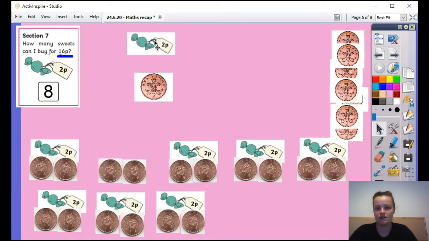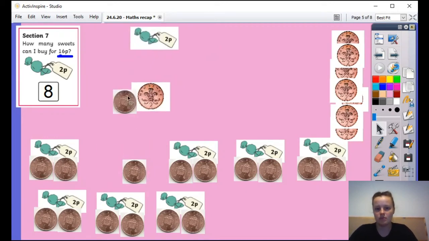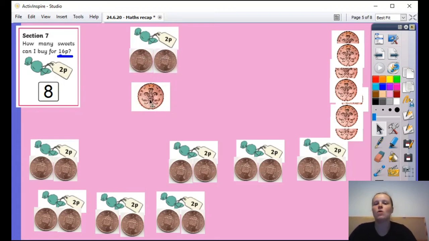Like this, if I bring the sweet up and bring those coins up, 2 pennies are the same as that 2p coin. So how many 2p coins do you think it would have taken me to buy 8 sweets? Have a think. See if you can work that out.